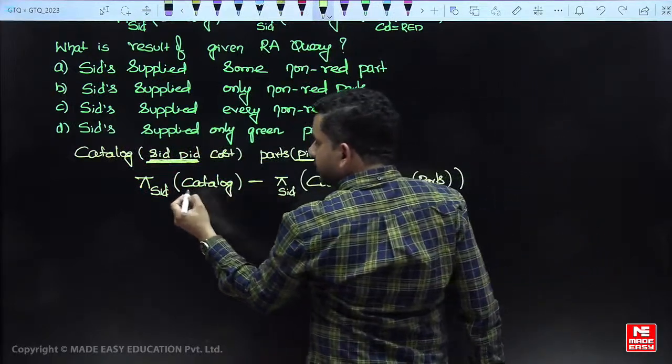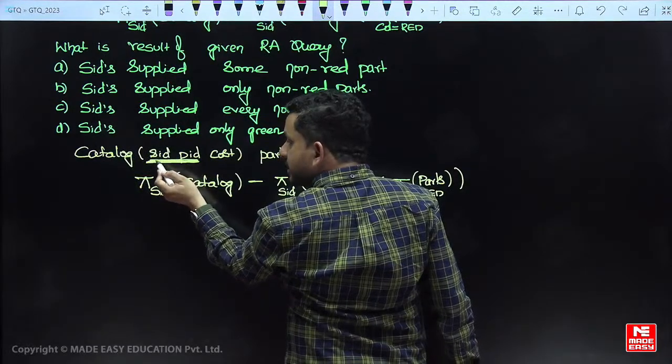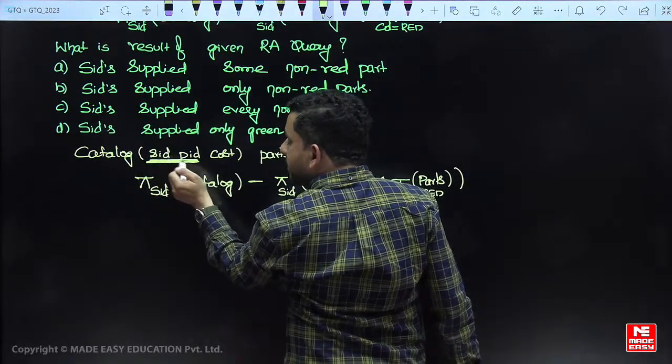See, we are retrieving SIDs from the catalog, where supplier ID and part ID combined are the key.